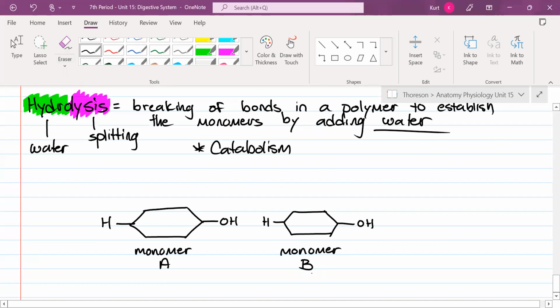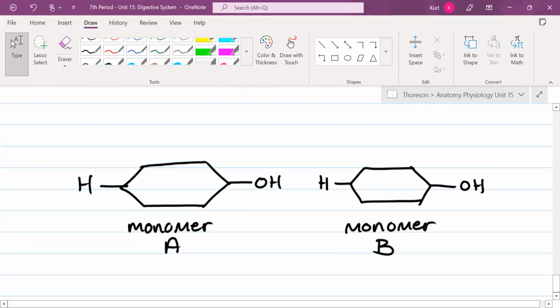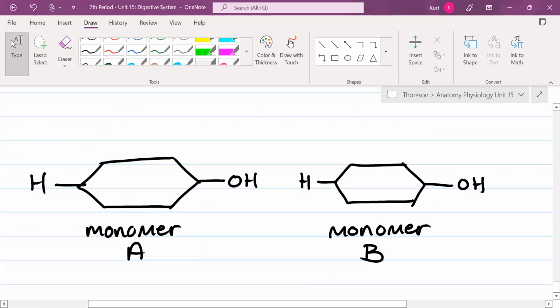It's like having two individual Legos, and they will be able to snap together. But I want to show you how this is done. This is the biochemistry of this entire unit. This is where you really get down into the most basic aspects. I want to connect these two. If I connect two monomers, what do I form? I form a polymer. That's right.